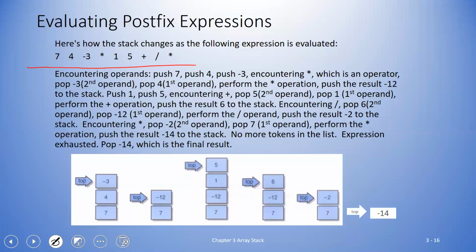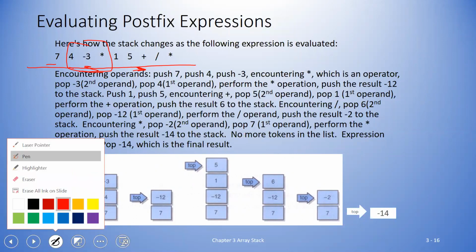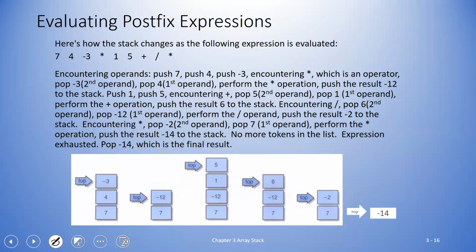This means, okay, we don't do this, we don't do this, we do this multiplication. And this multiplication is always applied to the 2 previous operands. So we do this one first, and then we will have a result, right? And then you will continue, and then you have this plus. So the algorithm is really, how do we evaluate this?